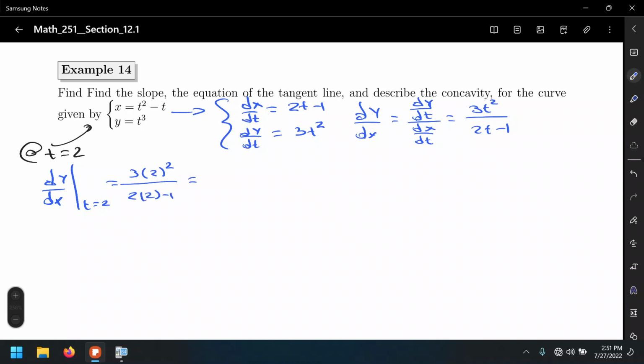That's 4 times 3, that's 12, over 2 times 2, which is 4, minus 1 equals 3, and that reduces to 4. So that's the slope.